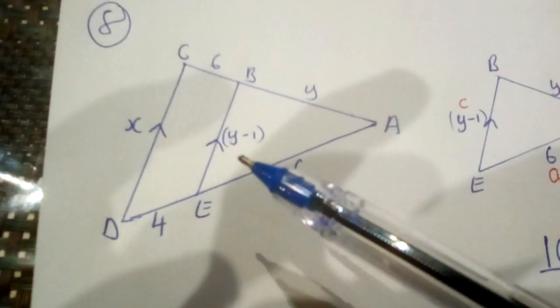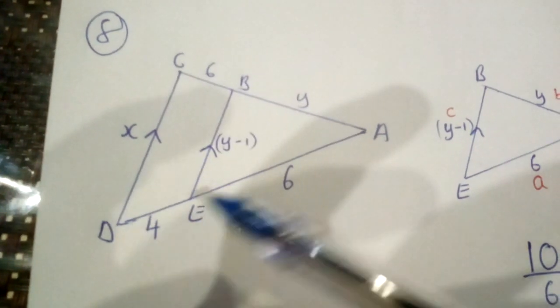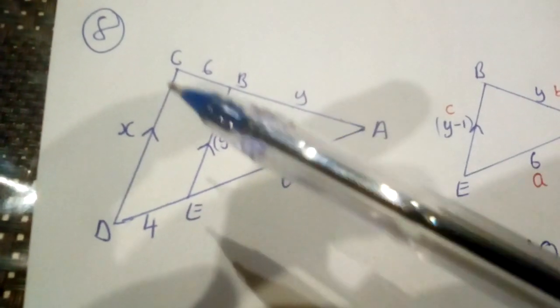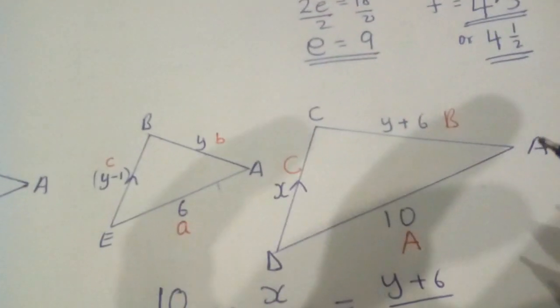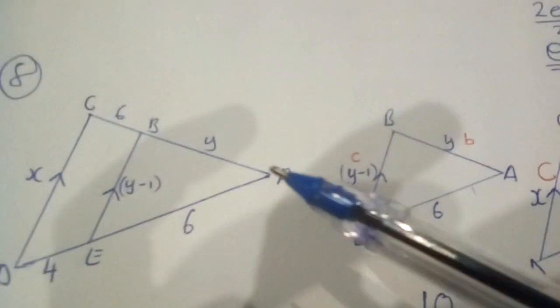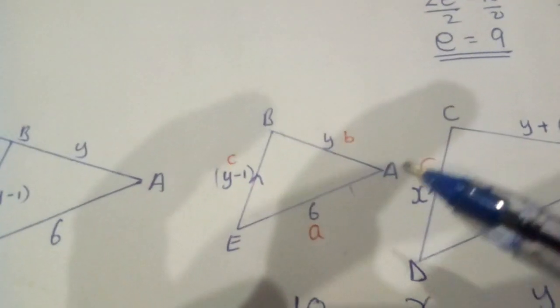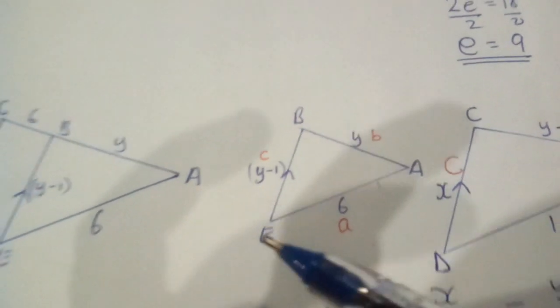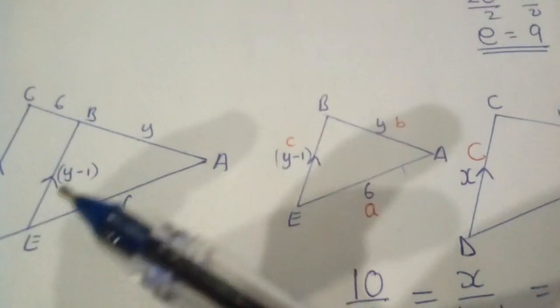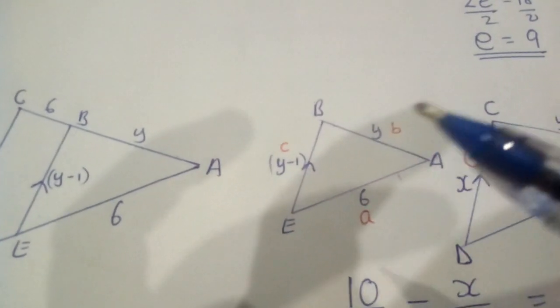Next, number 8. Again, because of this mark and that mark that shows an arrow, this signifies that they are related by parallel. Now, we shall take the big triangle, that is A, C, D, and draw it aside. And again, we take A, B, E as the smaller triangle. Then we keep the values y minus 1 and 6 for the smaller triangle.